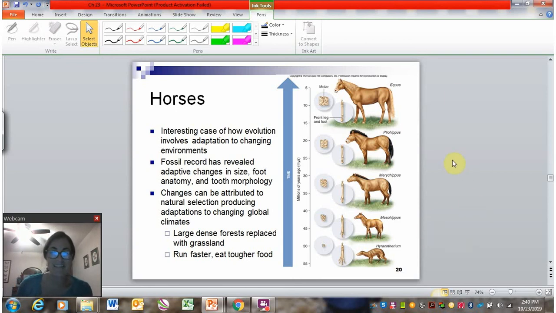So this is happening in North America. The earliest horses had feet much more like a rodent. Remember, horses are mammals, and they're close relatives of all the other mammals. So they start out with bone structure in their arms that's really similar to, for example, ours. We see individual digits rather than a hoof.